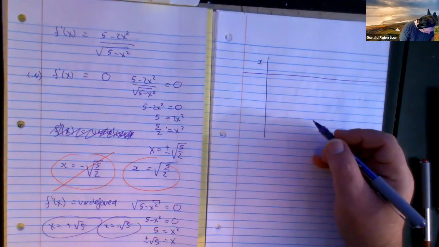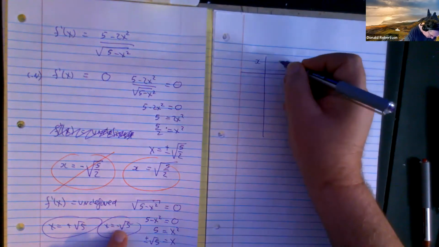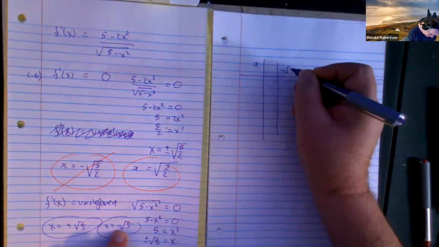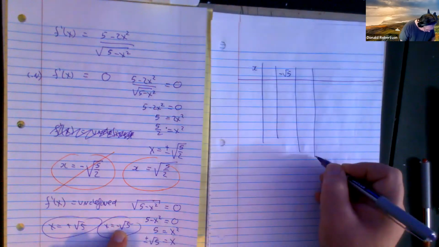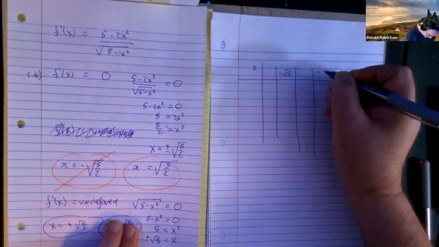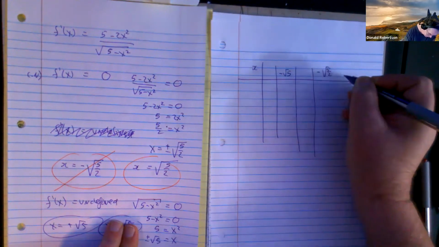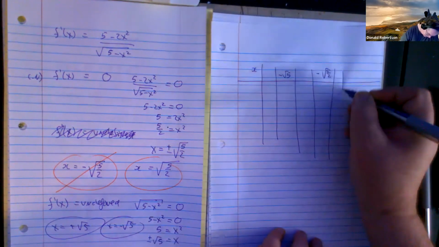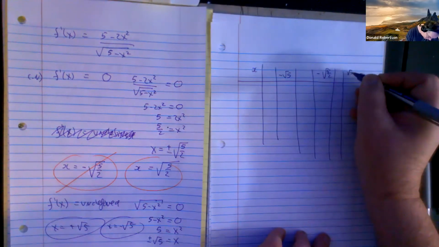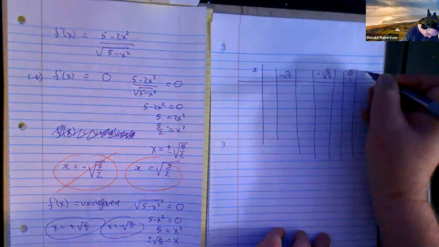So in order, negative root 5, then a space. Then after that, it's going to be negative root 5 over 2, then a space. And then it's going to be positive root 5 over 2, then a space.